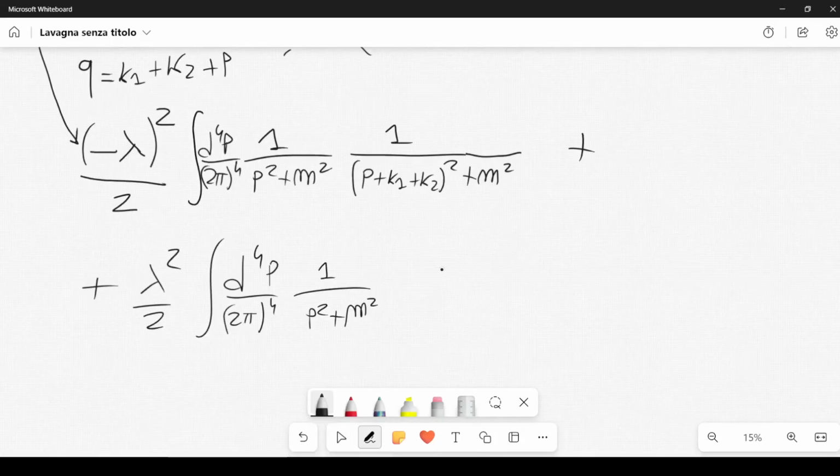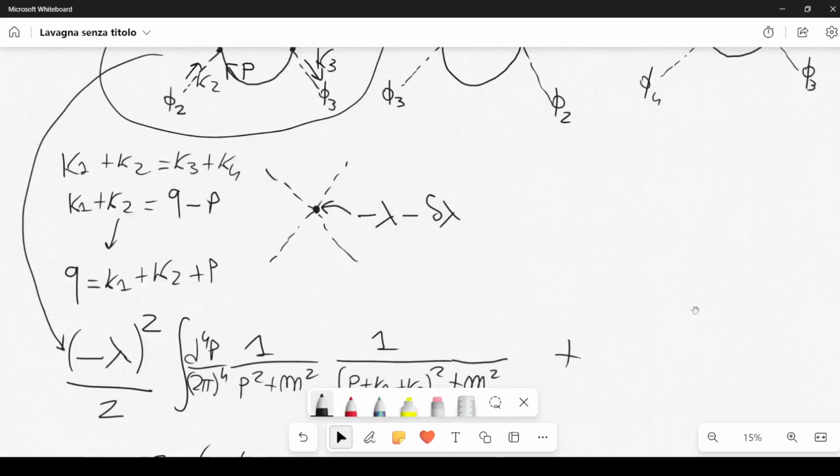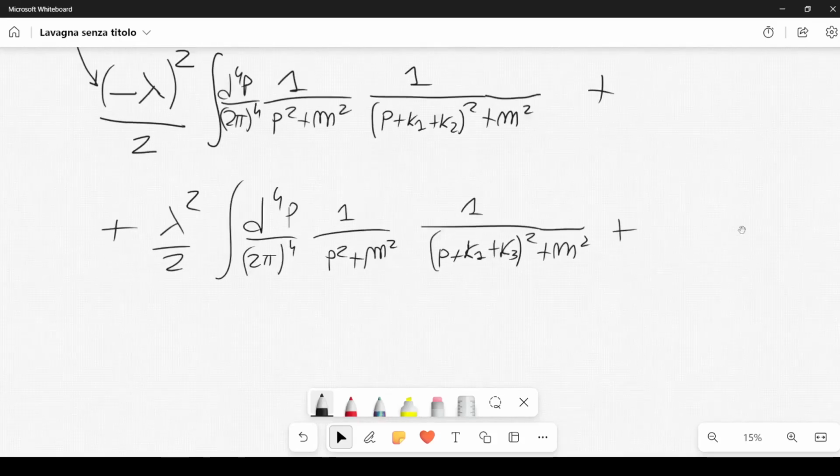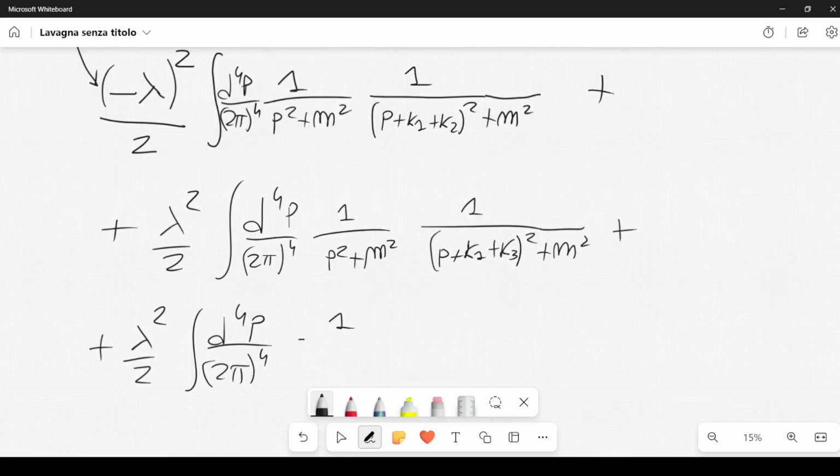So I have 1 over (p + k1 + k3)² + m². And similarly, in the last graph, I have associated k1 with k4, or φ1 with φ4. So the final contribution would be λ²/2 integral d^4p over (2π)^4, 1 over p² + m², 1 over (p + k1 + k4)² + m².